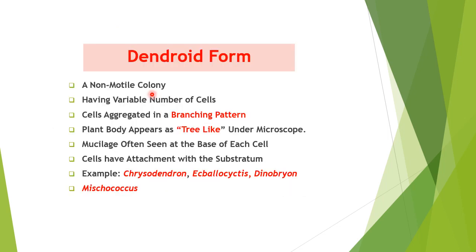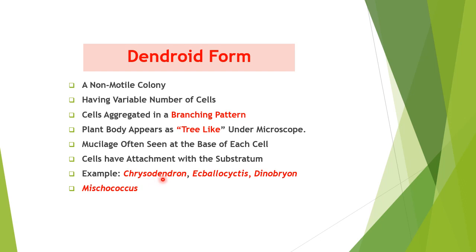Dendroid form is also a non-motile colony, having a variable number of cells, but the cells aggregate in a branched pattern. You will feel it is a tree-like structure under the microscope. The plant body appears as a tree-like structure, which looks unique. Mucilage is often seen at the base of each cell, and the cells have attachment with the substratum.